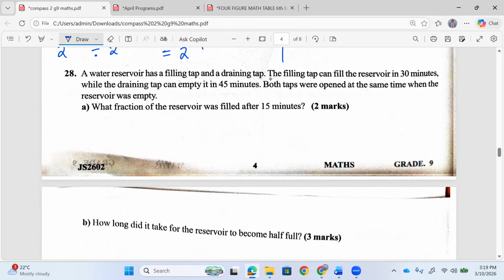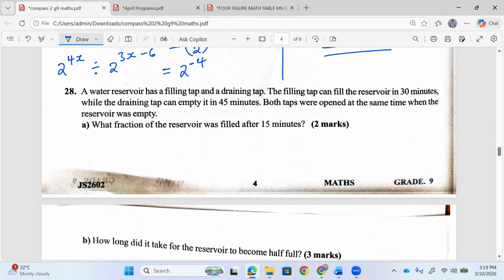So we have a filling tap, which we can call tap A, then an emptying tap that we may call tap B. With these two expressions now, A for the filling and B for the emptying, then we can say the first tap A, if it takes 30 minutes to fill, then it means it's filling at a rate of 1 over 30 of the tank per minute.